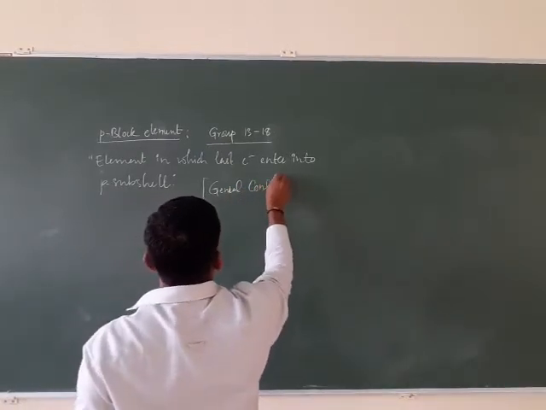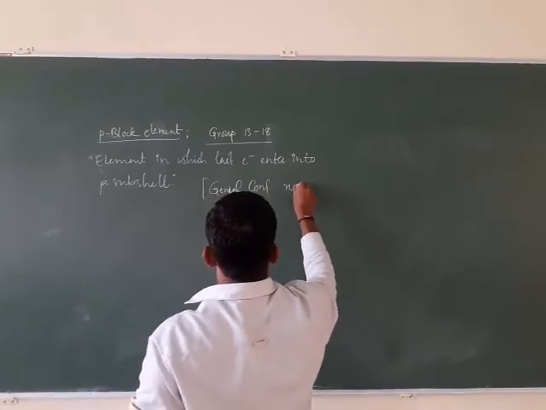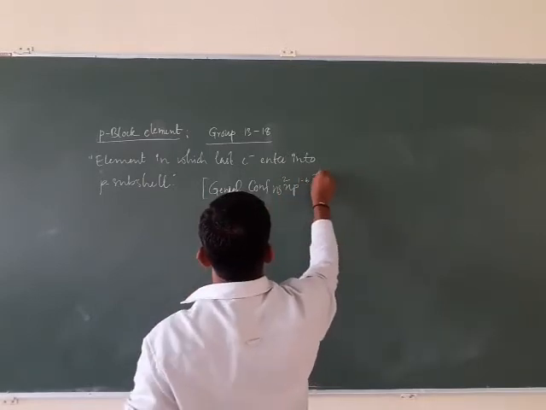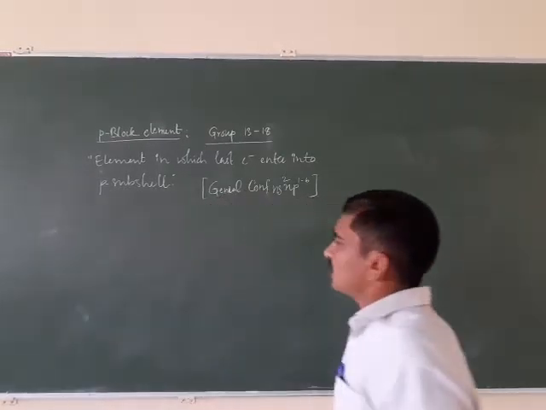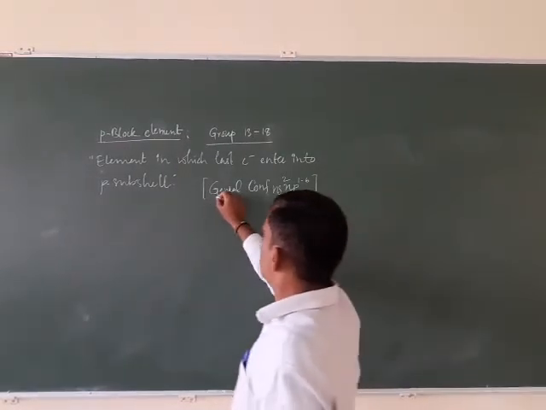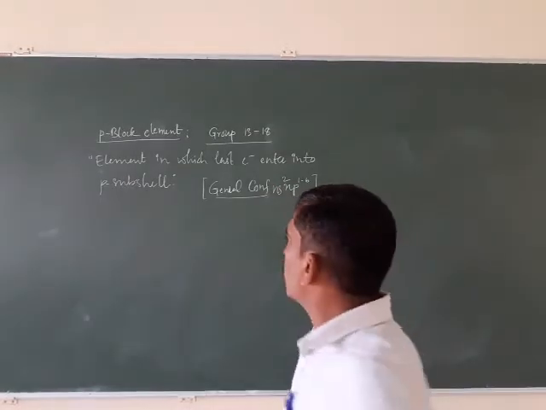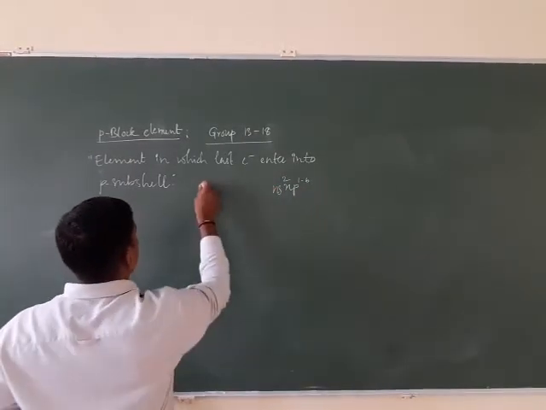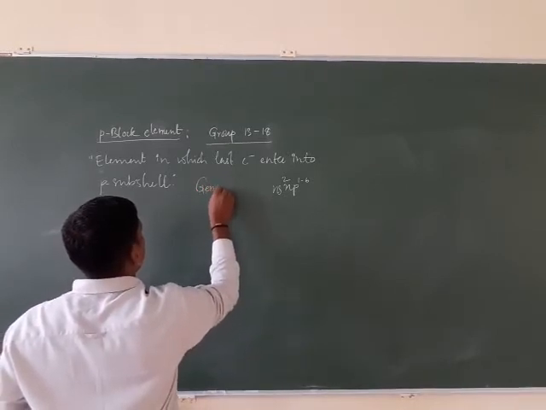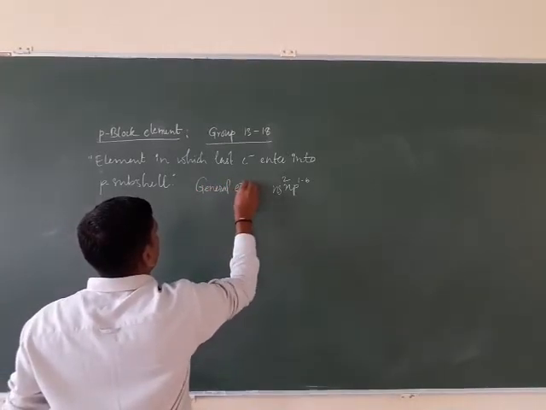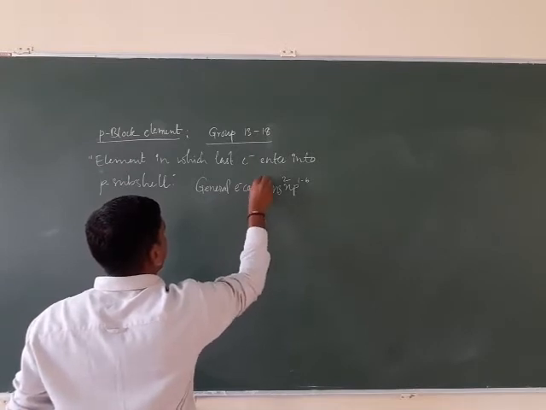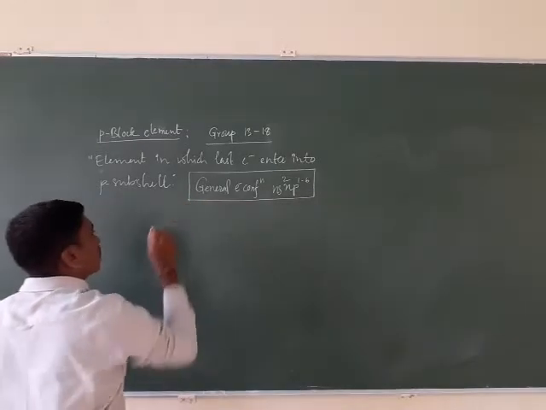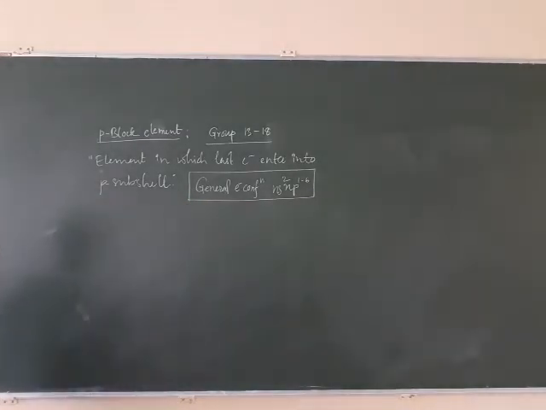The general configuration is ns2 np1 to 6. This is the general electronic configuration for P-block elements.